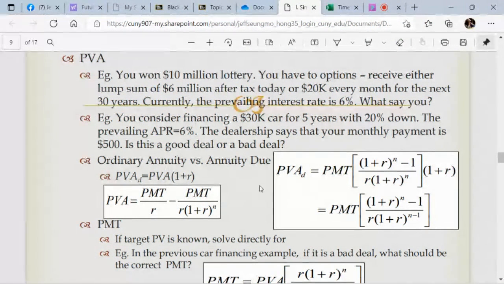Sometimes, I don't know if you have ever seen commercials at night. If you watch TV late at night, sometimes you see those commercials about accidents and injury. Of course, it's the lawyers who are running those commercials on TV.